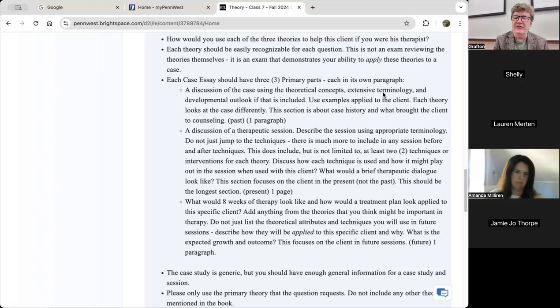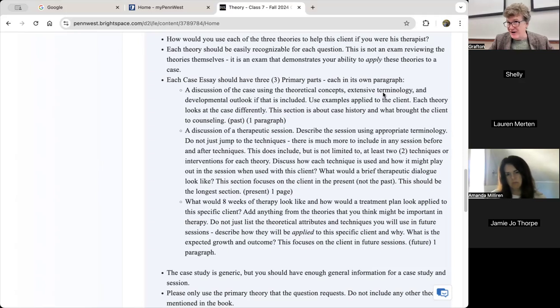This focuses on the client in the future. 1 paragraph. So, for example, I might focus on the client's career in the session, but I might focus on relationships in future sessions. I might want to use WDEP applied to career in the current session.